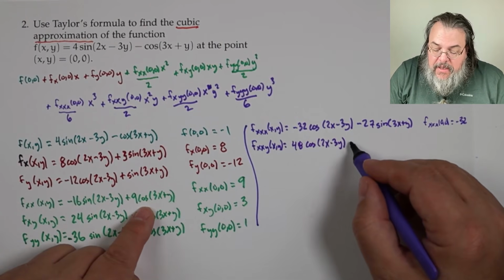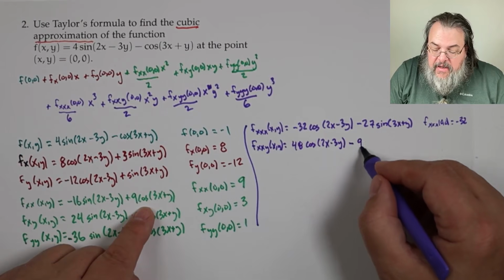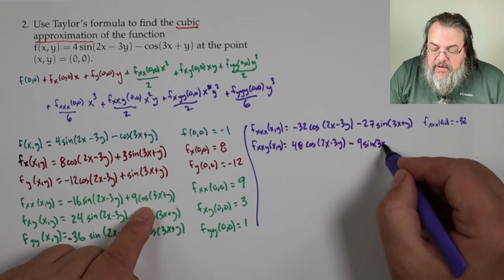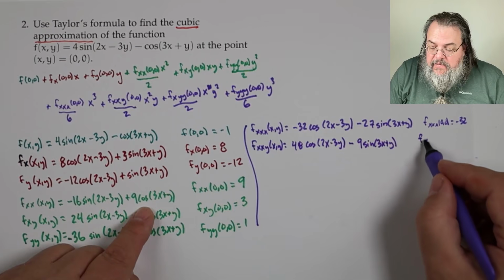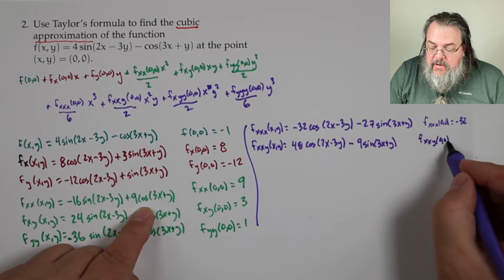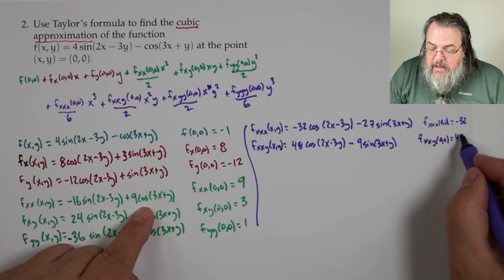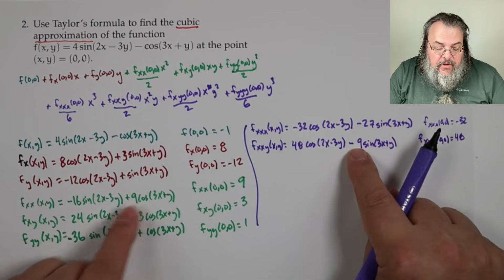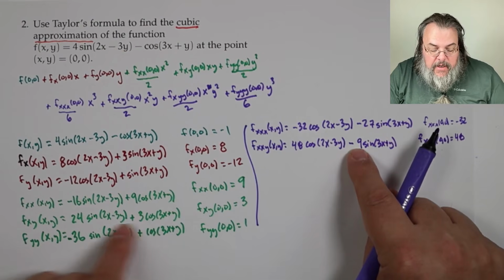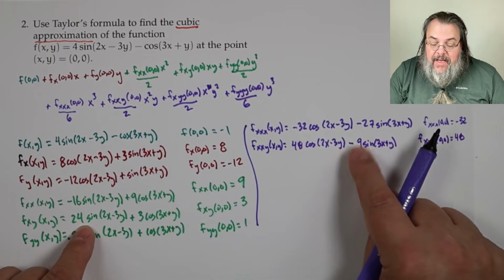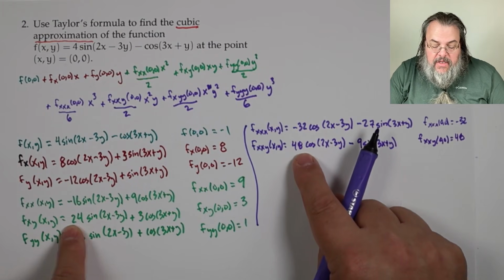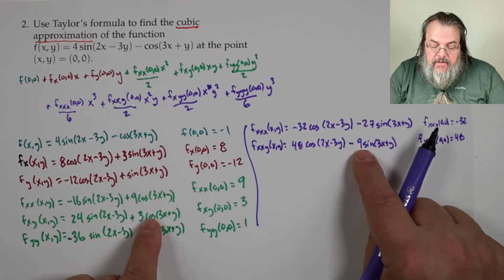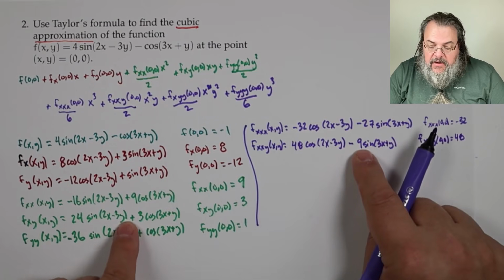And so we'll get minus 9 sine(3x plus y). And okay, so f_xxy at (0,0) is equal to 48. Now we could have alternatively come to f_xy and take the derivative with respect to x. Again, we'd get the cosine, a 2 out, so that's 48. Here we'd have derivative of cosine is negative sine, and a 3 comes out, negative 9.